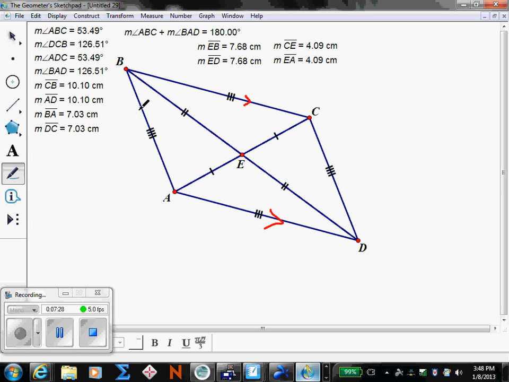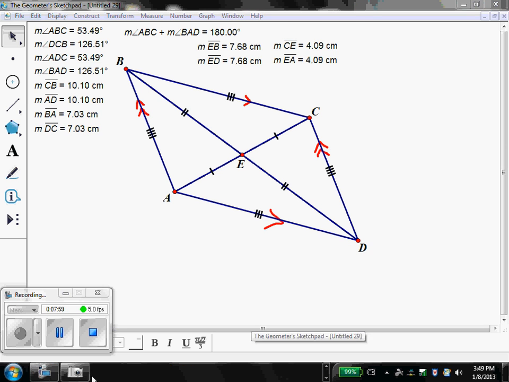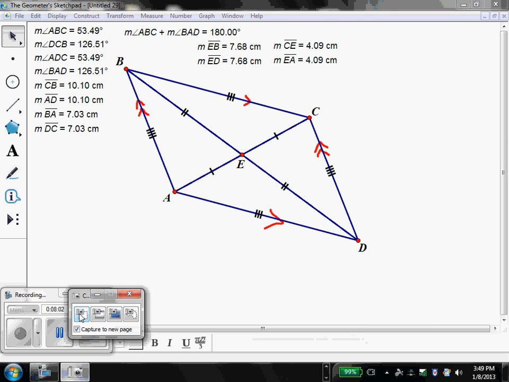So those two sides are parallel. And there we go. So let's go ahead and copy this and put it in our notes. And then we can write our conjectures about a parallelogram.